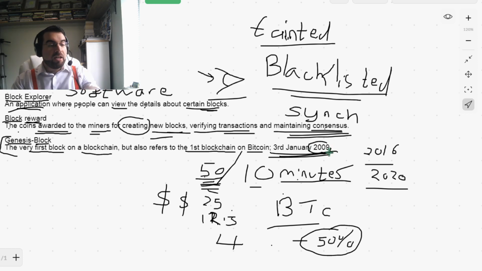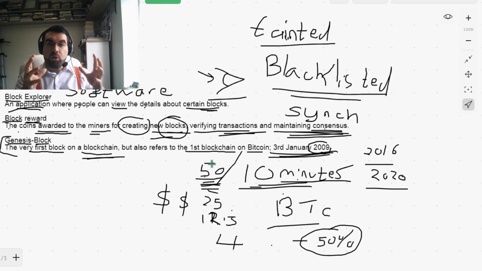So that means every 10 minutes since 2009, there has been a new block on the blockchain. Every 10 minutes since 2009, miners have been verifying transactions, maintaining consensus, and creating new blocks that recorded the history of different transactions all over the world.